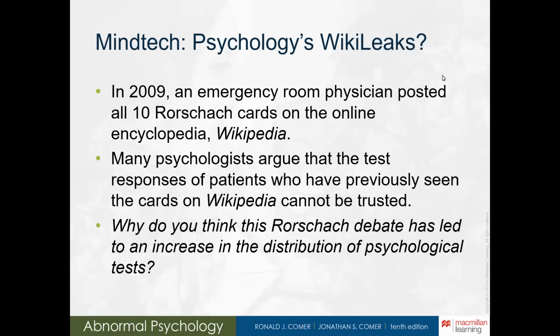And from people posting their personal responses to it, it now allows them to essentially make up their own story or make up a response that is, quote unquote, most closely aligned with what they believe the psychologist wants.